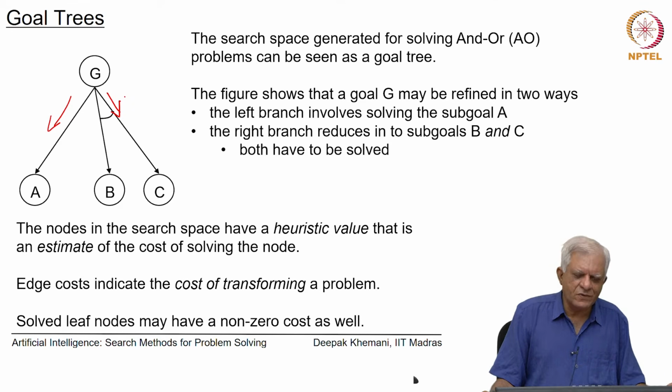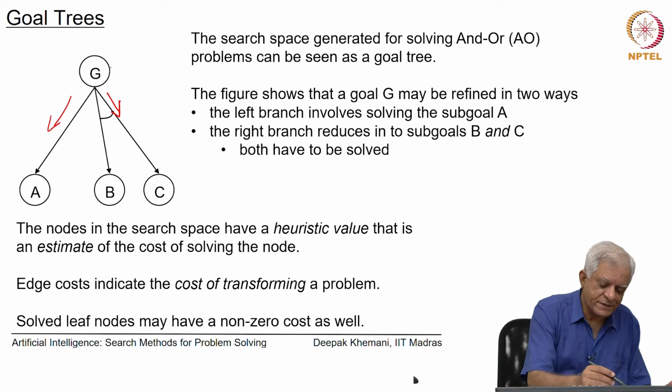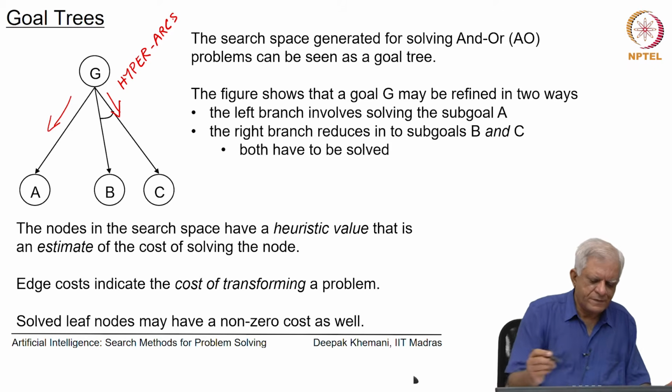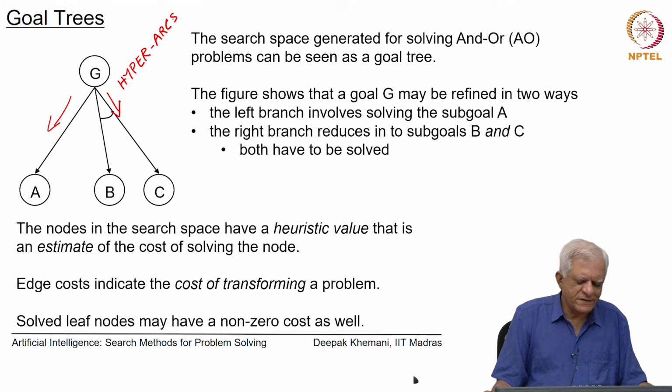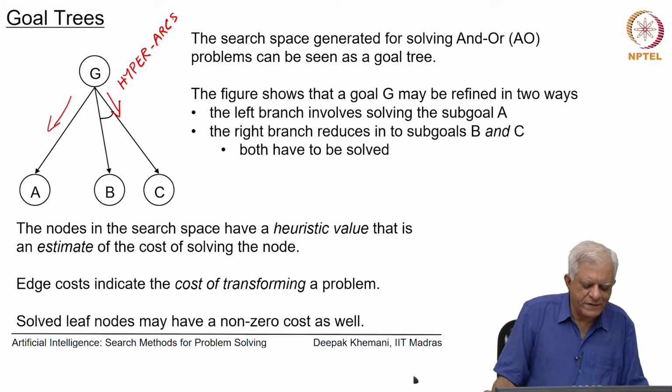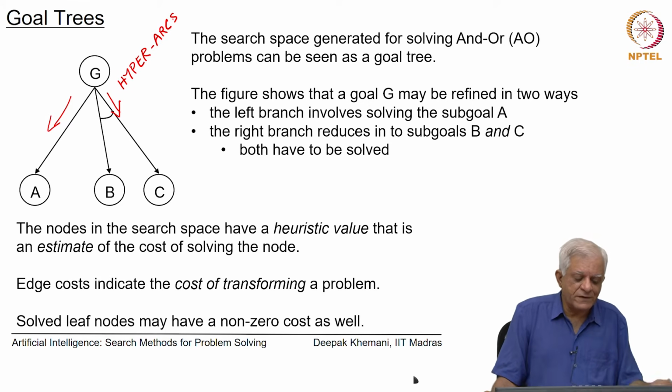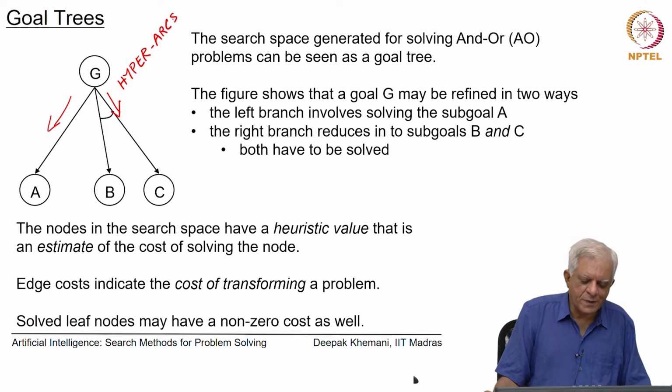Now, in this small graph, we have seen that it is a mixed kind of graph, in that the goal node has two choices. We can think of them as two hyper arcs, and you have to choose between one of them. But if one is more comfortable, one can always break down a problem into a layered problem in which a node is either an OR node or an AND node.